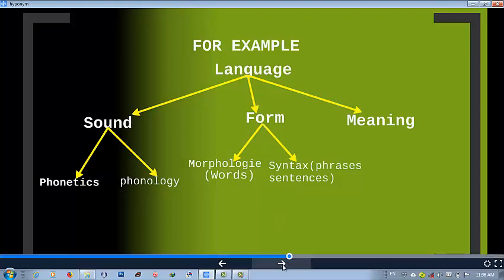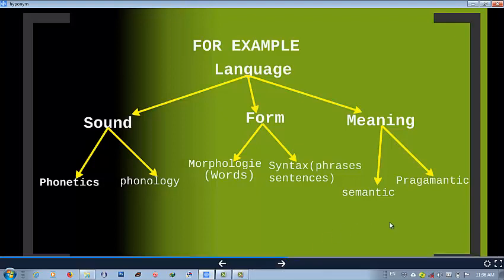And we go to the meaning. For meaning we have two more branches: semantics and pragmatics. Semantics and pragmatics are the words that are part of the meaning, or we can say meronyms of the meaning.